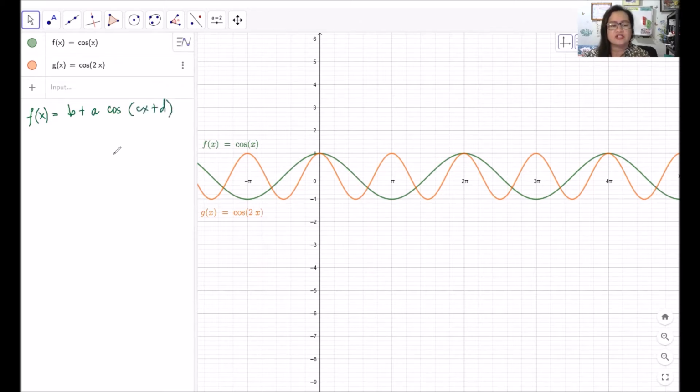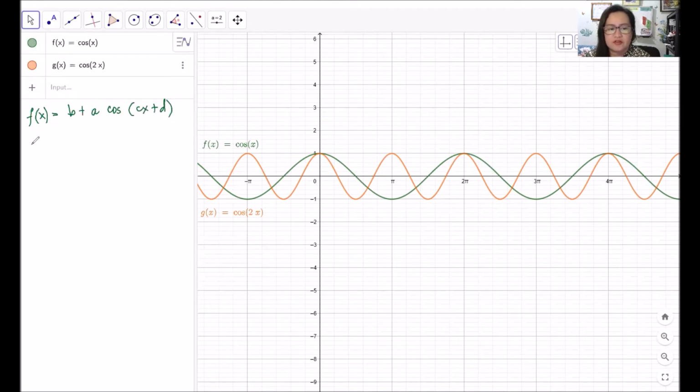So just like the sine function. Now, what if the value of c is changed from 1 to 2? Okay, looking at the graph, we shall have the green curve illustrating f of x equals cosine x, while the orange curve illustrates g of x, which is equal to cosine 2x.